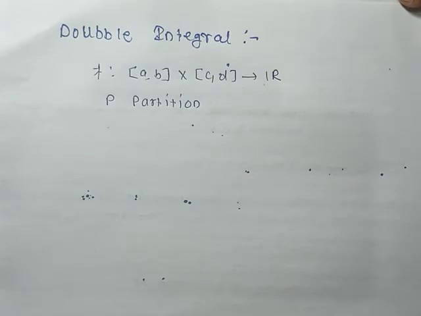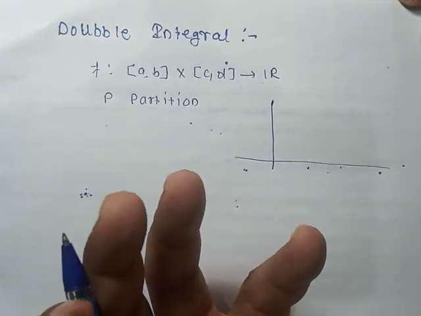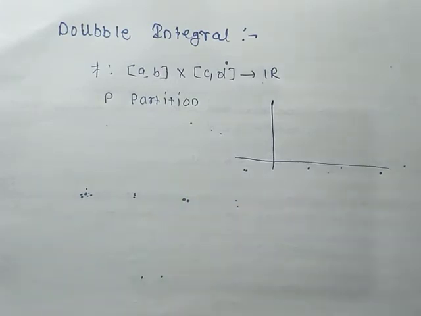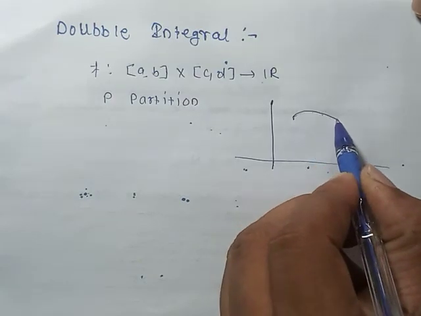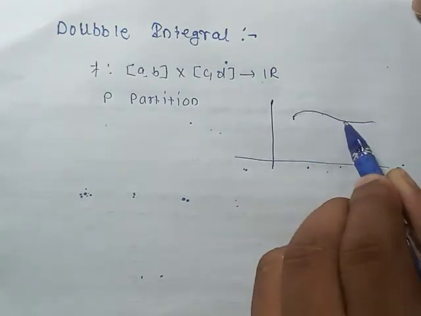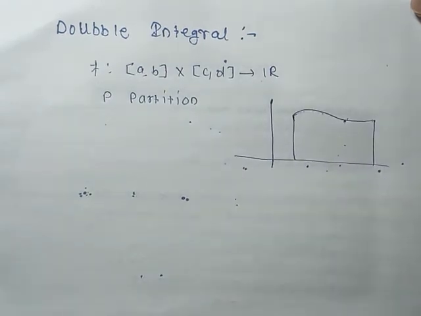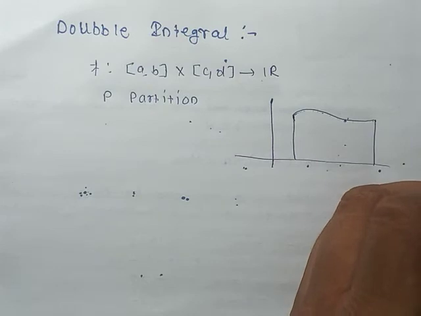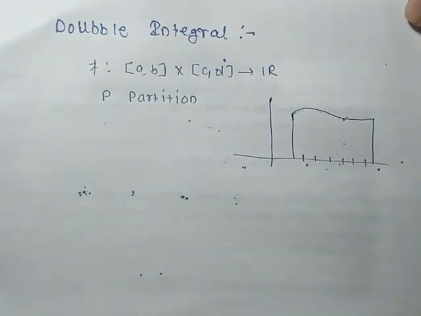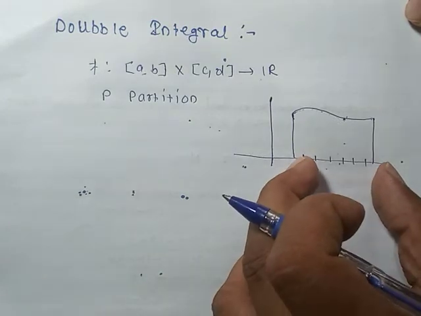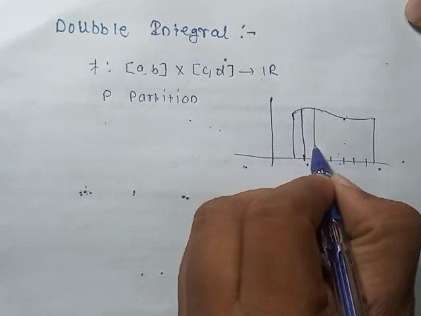Suppose we are in R and we are going to define integration. What is basically integration? Area under the curve. It is the basic definition of integration. So if we find the area between these two curves, how will we count this? We will count this with the help of a partition. By using the partition, we are dividing the x axis into a number of subintervals, and we are drawing the rectangles.